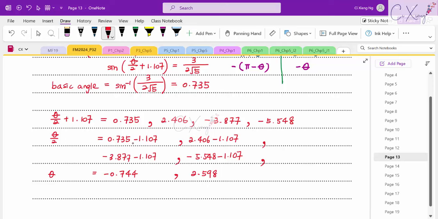Okay, then for the third answer, negative 3.877 minus 1.107. So I get this value times 2, negative 9.968.